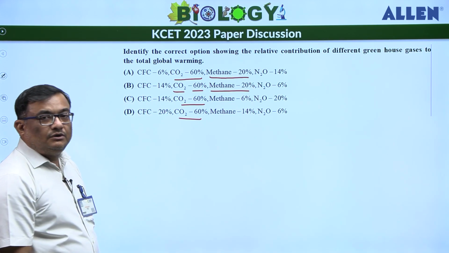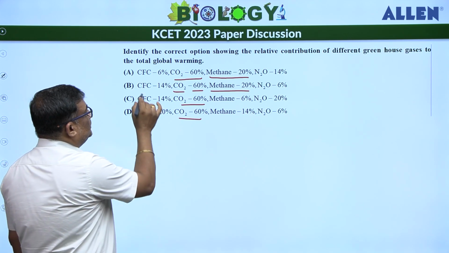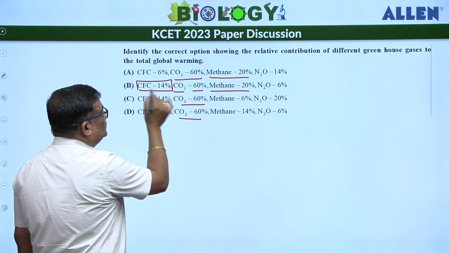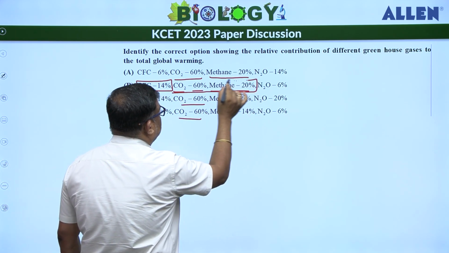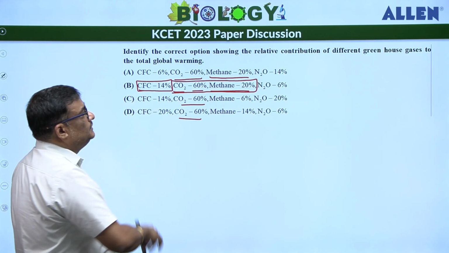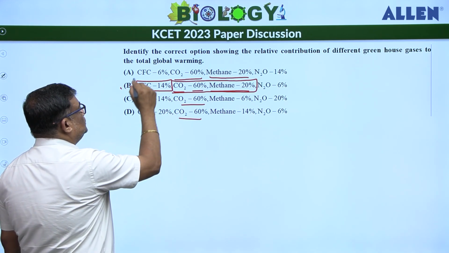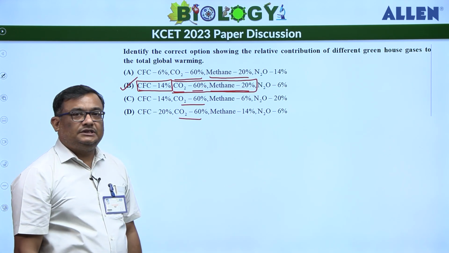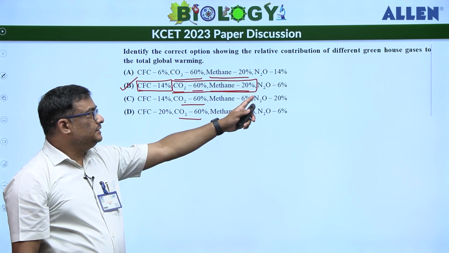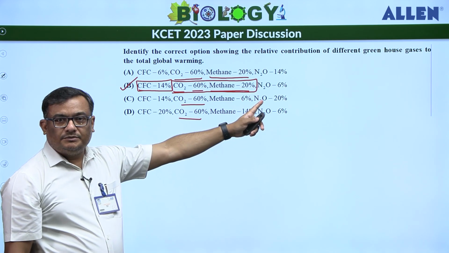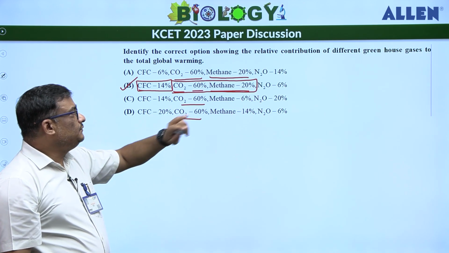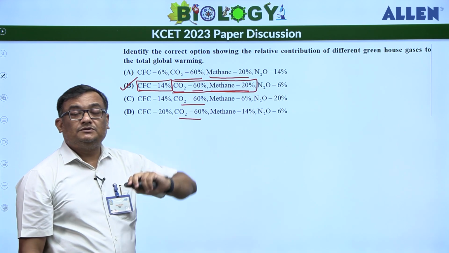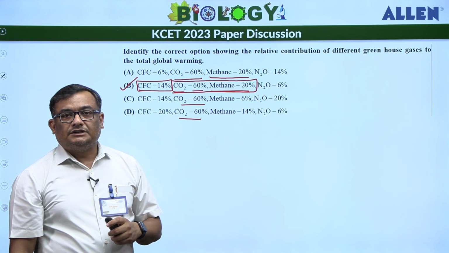Oxides of nitrogen and chlorofluorocarbon. Chlorofluorocarbon is 14%, and this is going to be an ideal match actually. You can see, the option is B. Chlorofluorocarbon 14%, CO2 is 60%, methane is 20%, and oxides of nitrogen is going to be 6%. You can also think of this from the fact that methane is produced from agricultural land as well.